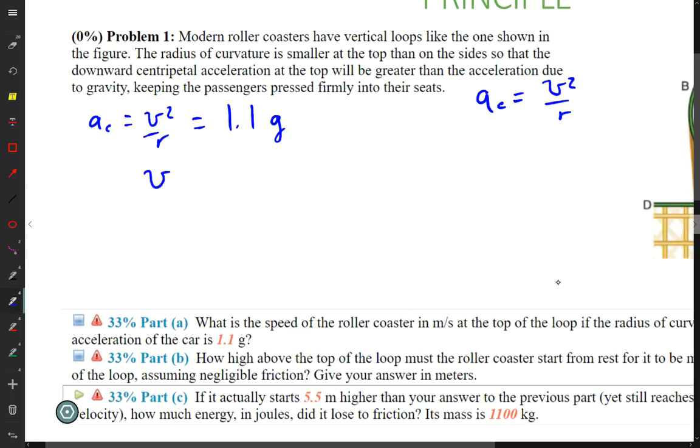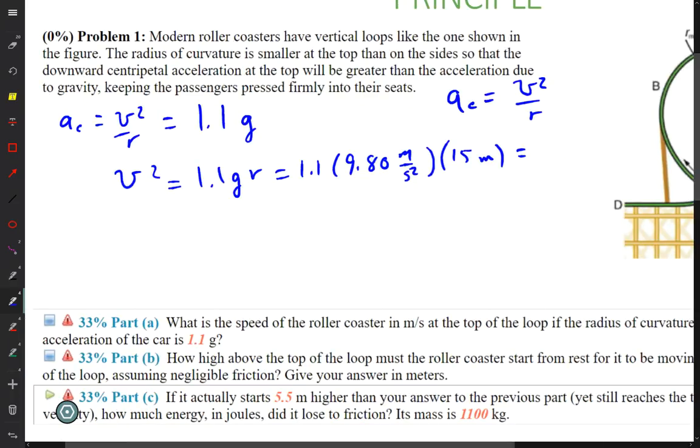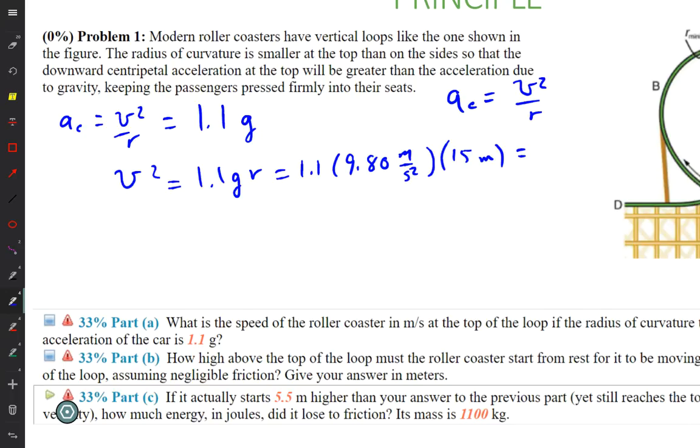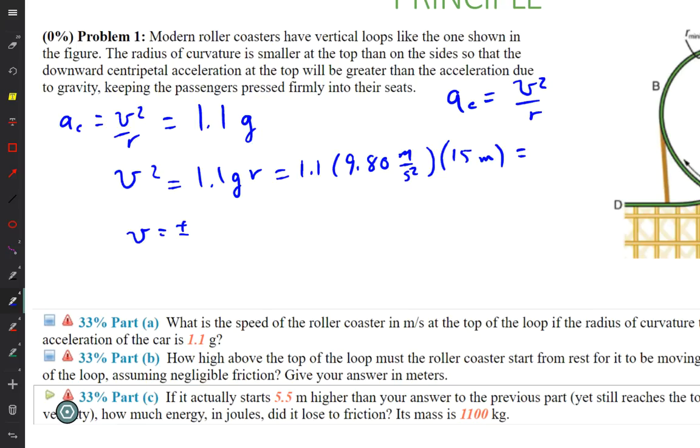That means v squared is 15 times 1.1 times 9.8. If I square root that, v is equal to, and of course, technically you have a plus or minus. What do I get for 9.8 times 15 times 1.1 square rooted?